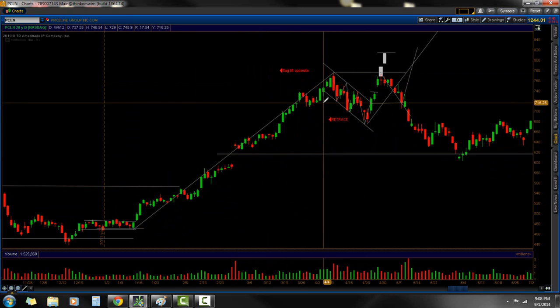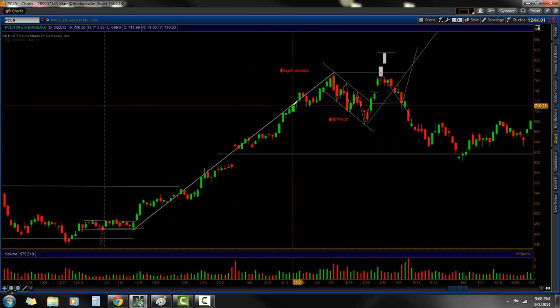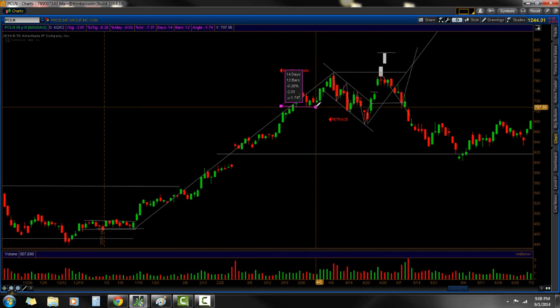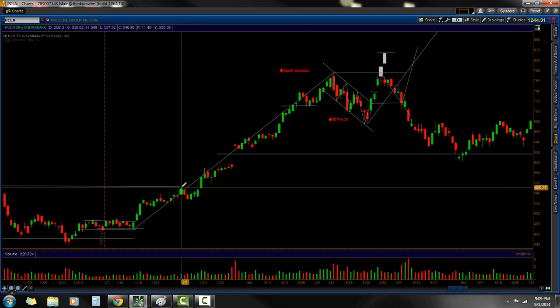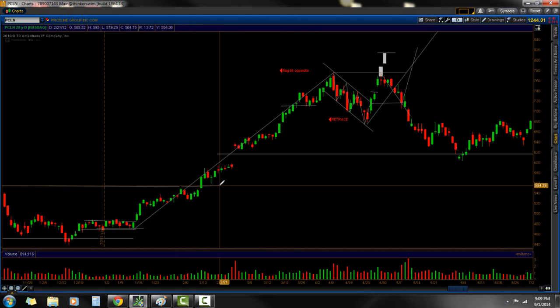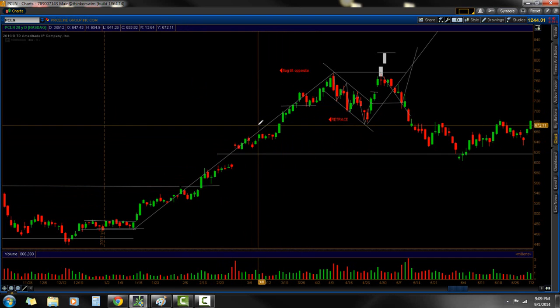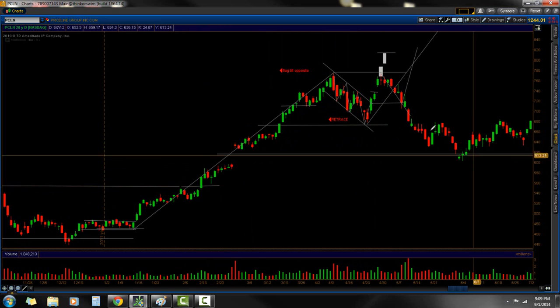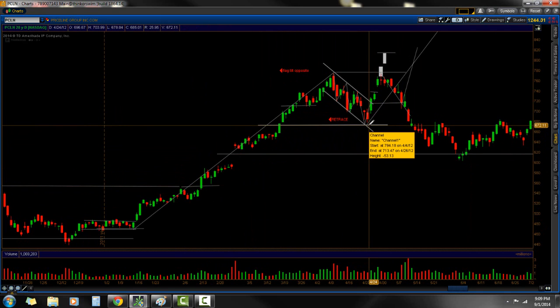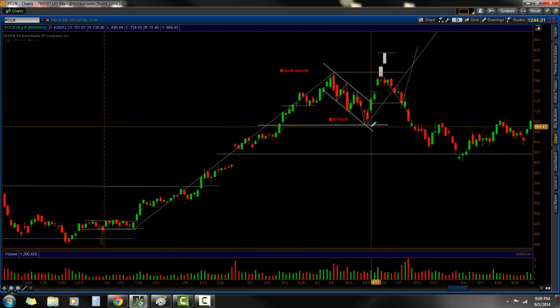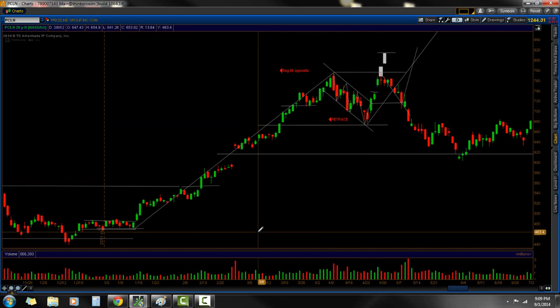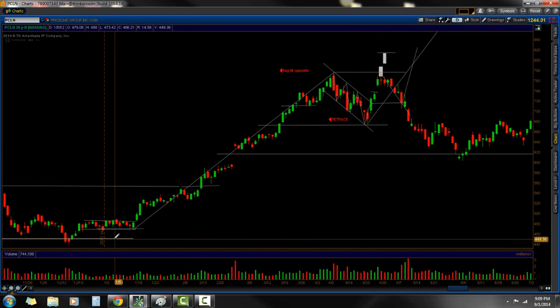You can probably divide that into 2 right here and call that 25%, right? This is probably 25%, something like that, right? And then between 25 and 50, we can assume that 38 is probably about right there. So that's a perfect 36% retrace. So that's also going to help you out.